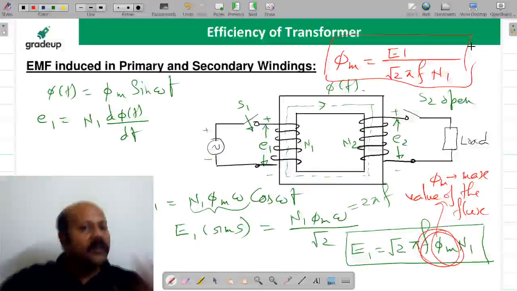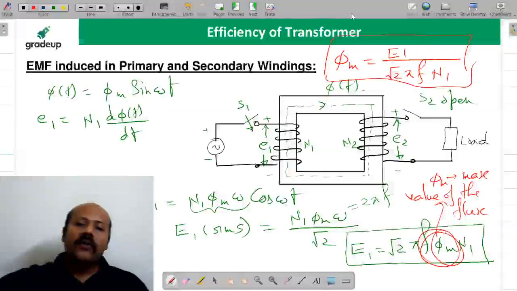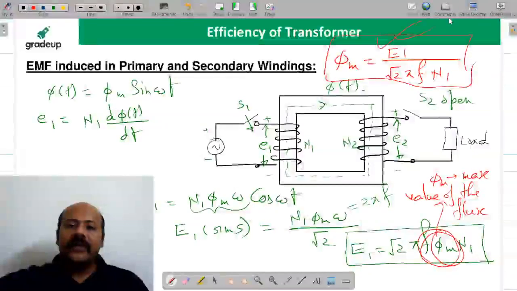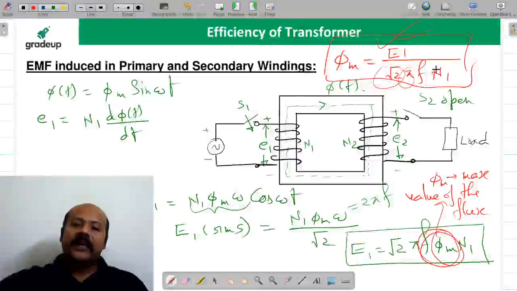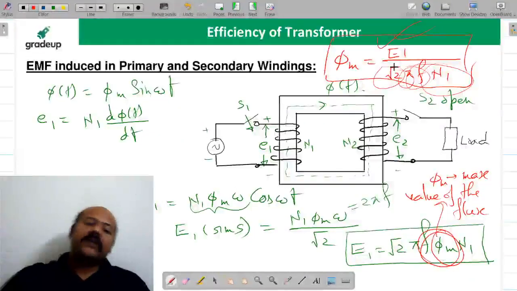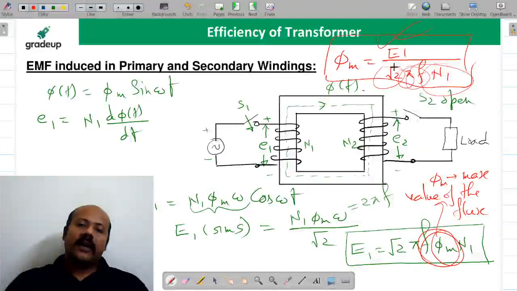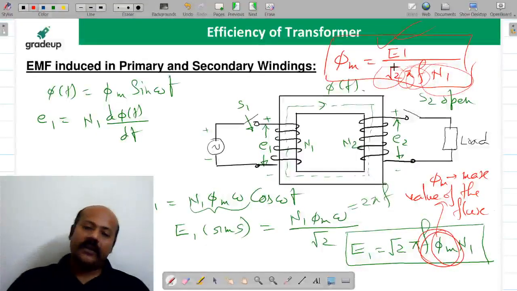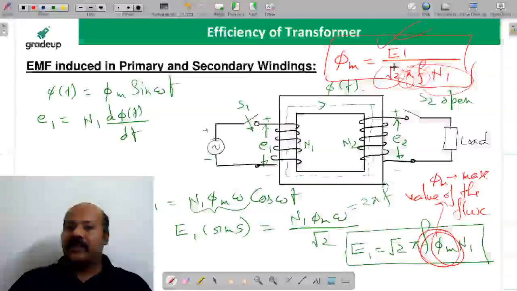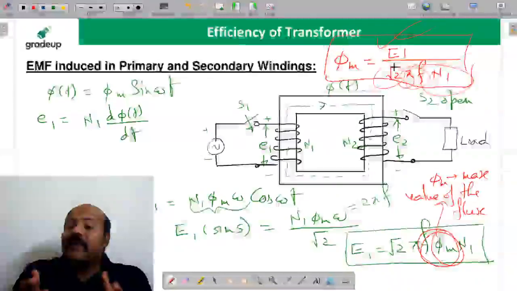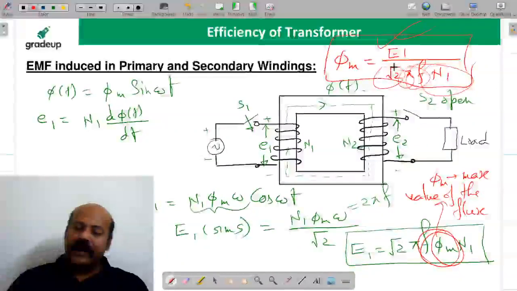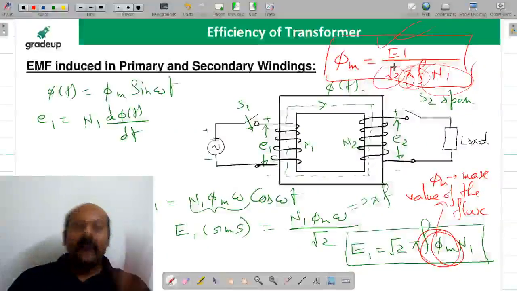No approximation, direct equation. Now you tell me, this E1 is going to be constant, root 2 is constant, pi is constant, f is constant, N1 is constant. How is this phi m going to change? This phi m cannot change. And if phi m cannot change, that extra MMF has to be compensated by drawing some more current from the primary winding. I hope it is clear to all of you.